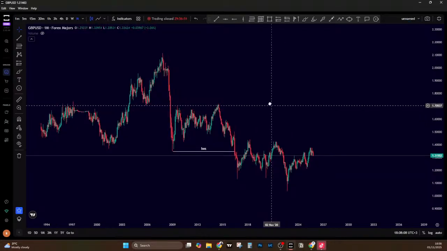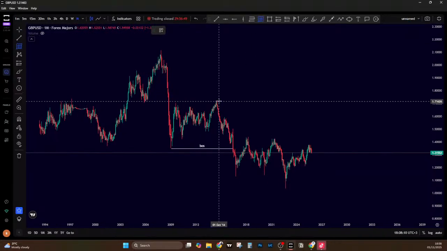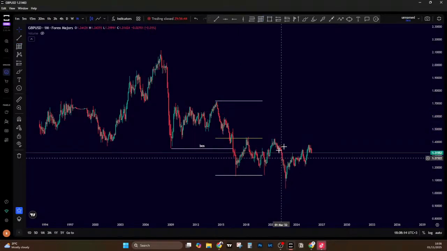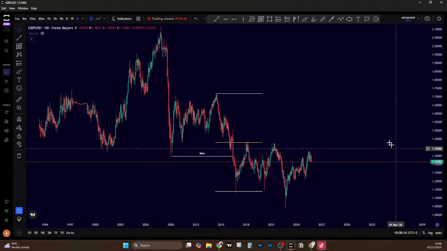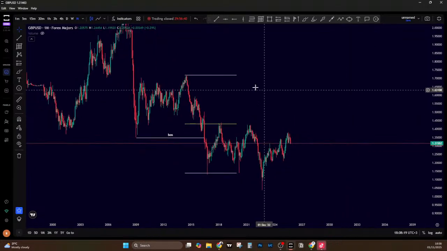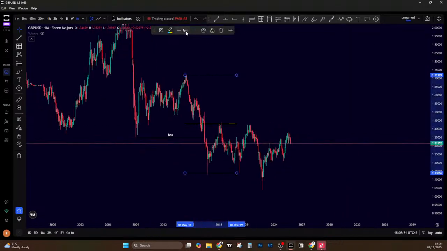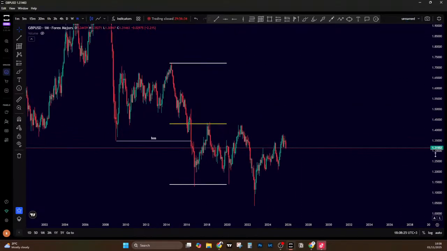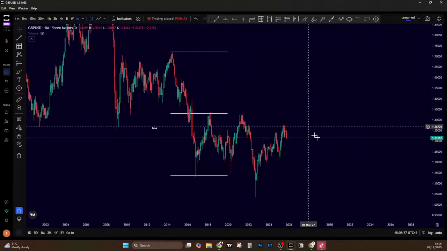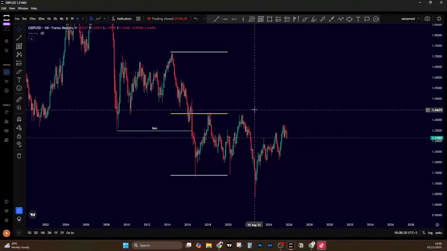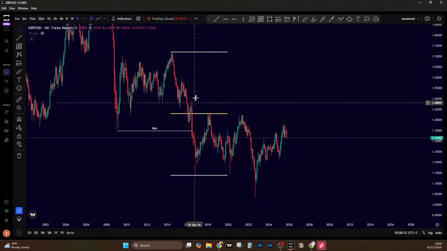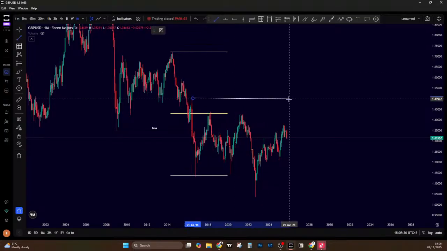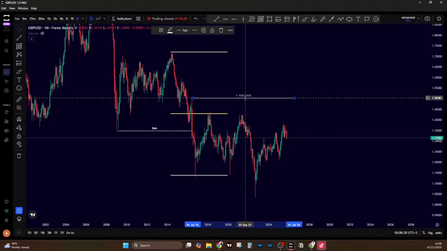And then monthly, our current trading range is this one. If you look at this, you'll see that this market did not take out this liquidity, which can be a future liquidity to be taken.